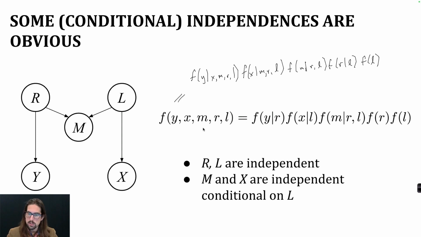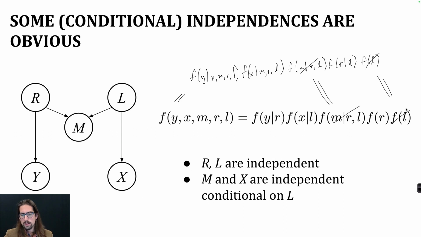So this is something interesting because from this, you might say, well, these two factors are the same, right? So I can get rid of those, and these two are the same, so let's get rid of those.